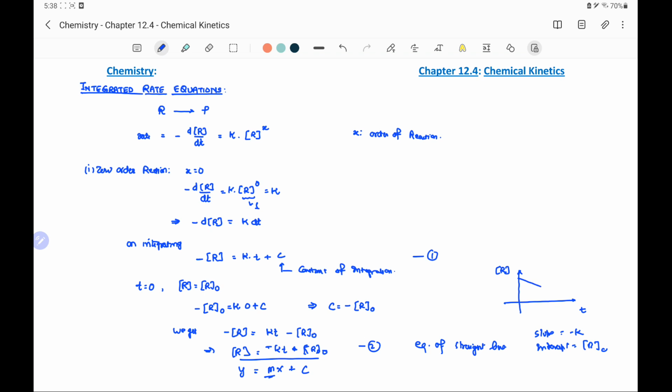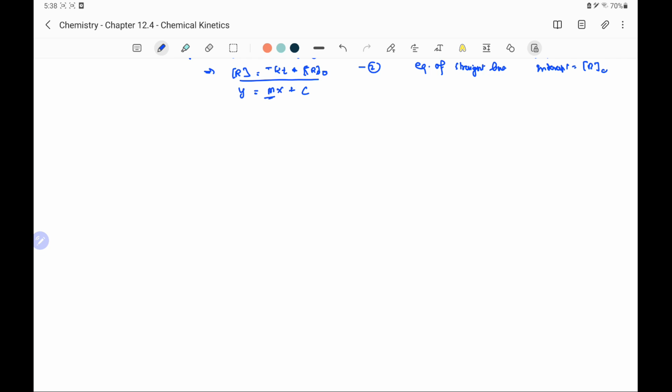So the graph will be an inclined line with negative slope. It has the slope equal to minus K, and the intercept on the y-axis, that is the concentration axis, is R0.